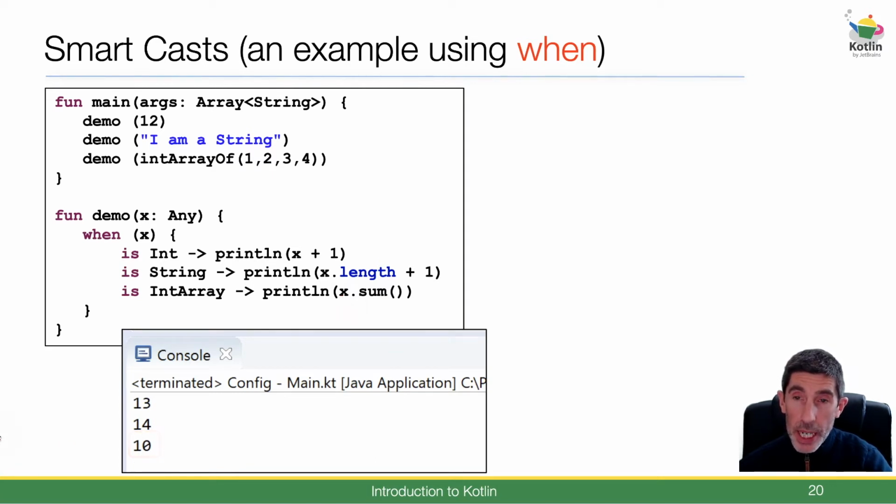The point we're making here is that we as the developer don't have to do any checks to convert it to an integer, a string, or an integer array. It's all done automatically for us. So it removes that burden from the developer, hence a lot fewer lines of code to get the same job done. Again, a very nice little feature.